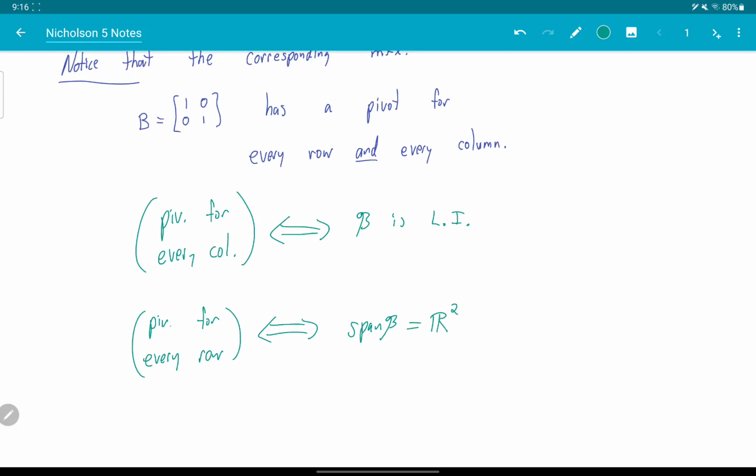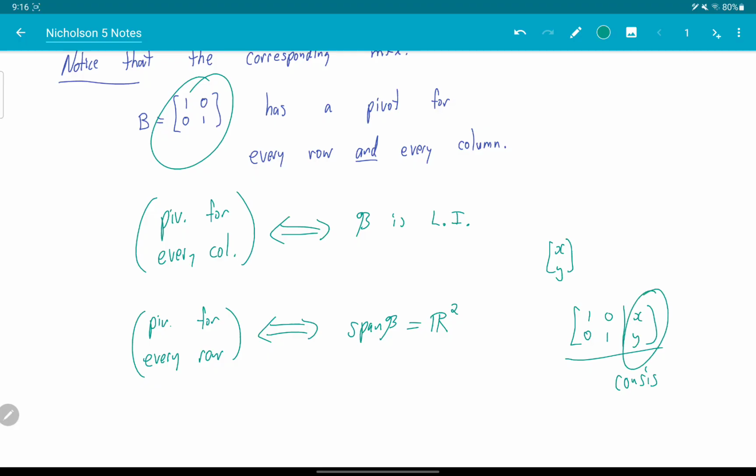Well, what it means is that if I have any vector x, y, I can write it as a linear combination of these columns because this matrix here is consistent, always consistent, no matter which x and y I pick. So every vector in R2 is a linear combination of those columns.